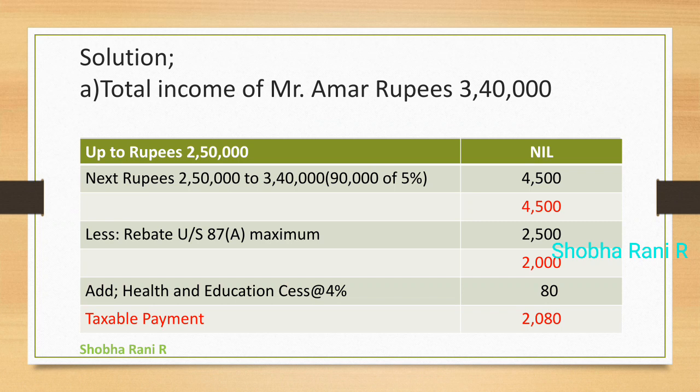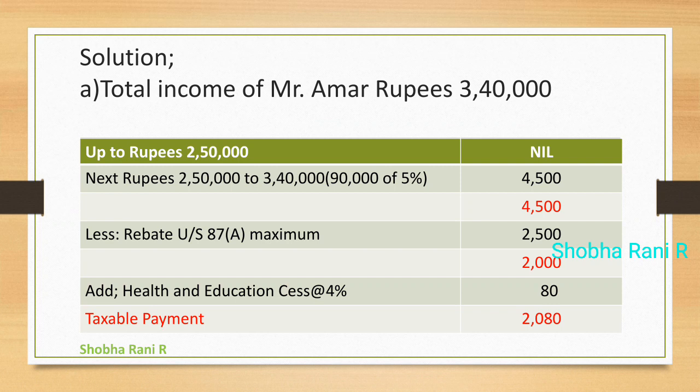In the first situation, the total income of Mr. Amar is rupees 3,40,000. Tax rate for a resident individual born on or after April 1st, 1959: up to a net income of rupees 2,50,000, the income tax rate is nil, which means the assessee need not pay any tax to the government.